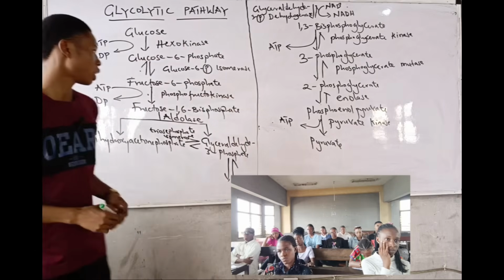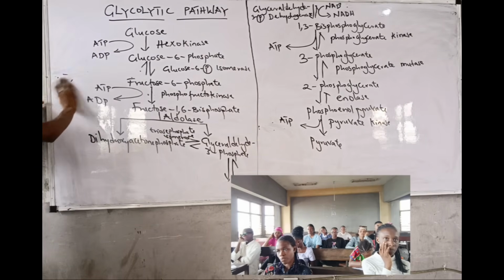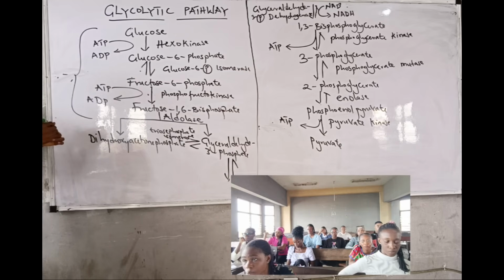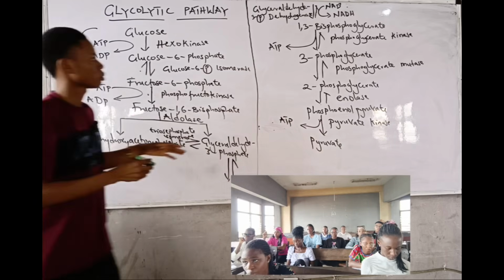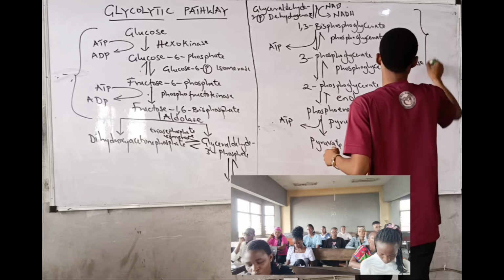But sorry, before then, I said from here, this phase here we can classify it as phase 1, right? We are utilizing energy, is it not? I gave you the name the other time. Now, this place where we started producing energy, we can call it what?